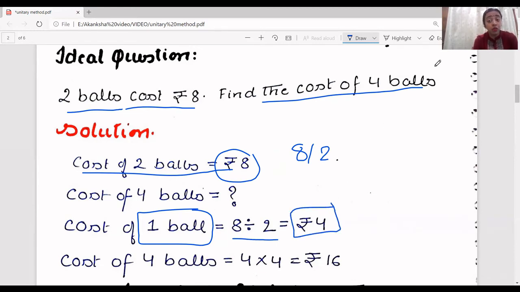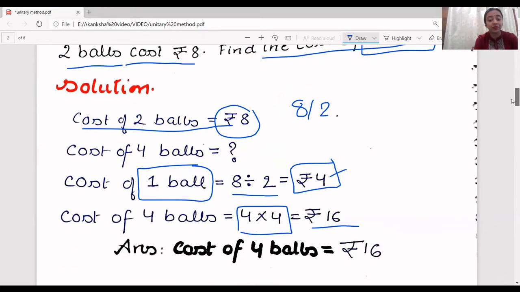And if you want to buy 4 balls, if the cost of an individual ball is 4 rupees, then the cost of 4 balls is 4 into the unit price, which is 4 into 4, which is 16. So you'll be paying 16 rupees to buy 4 balls. So the cost of 4 balls is 16 rupees.